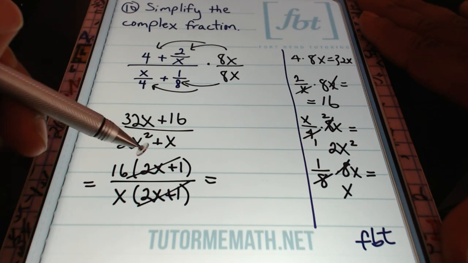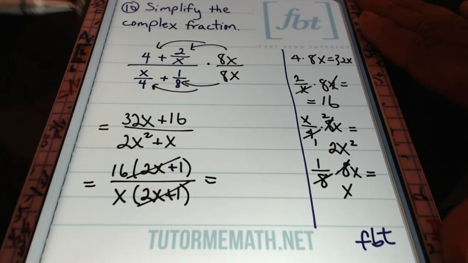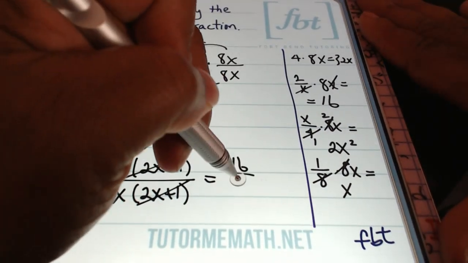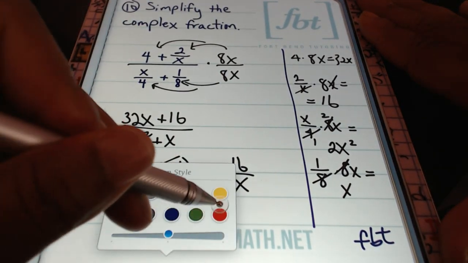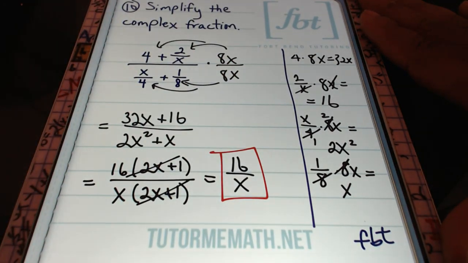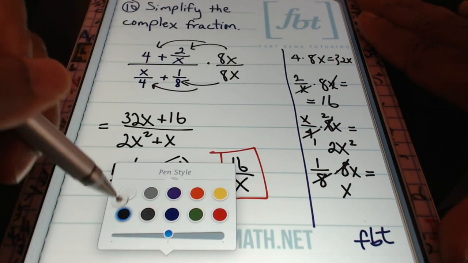So basically, 2x plus 1 divided by 2x plus 1 is 1. And 1 times anything is itself. So that means that our result here is 16 over x. And we are going to red box this answer, number 10, guys, and done. That's right. Problem number 10 is done, guys. Let's keep it moving, please.